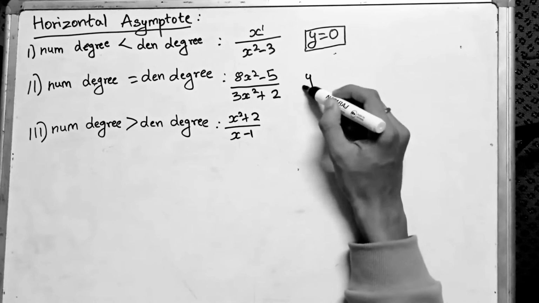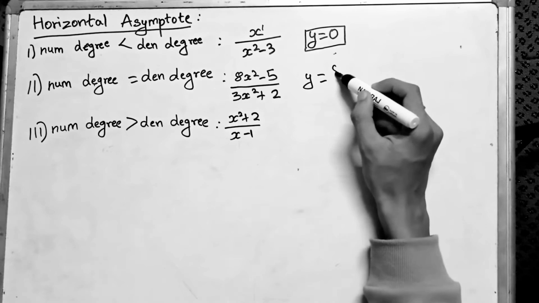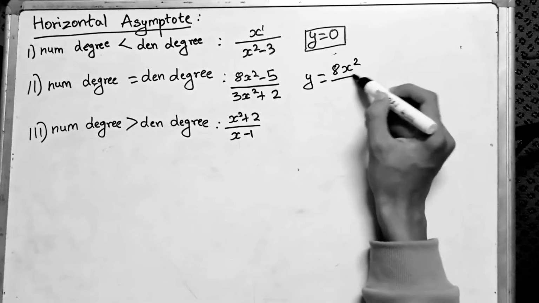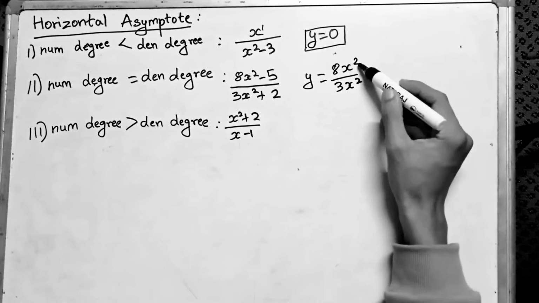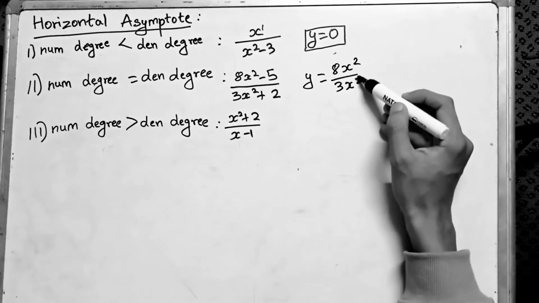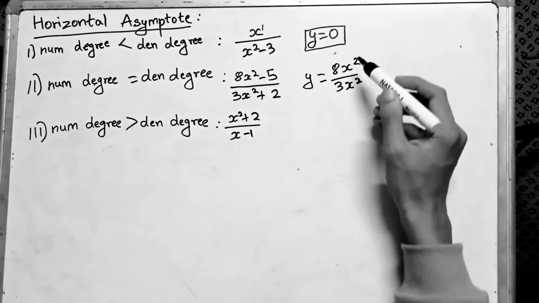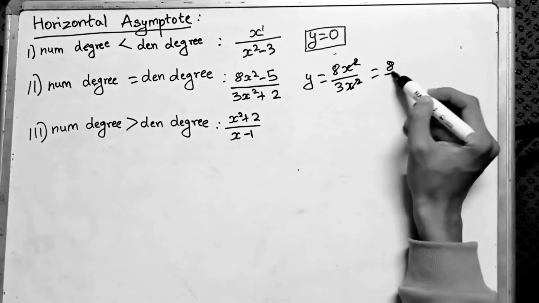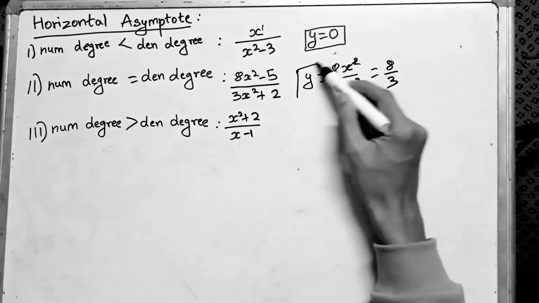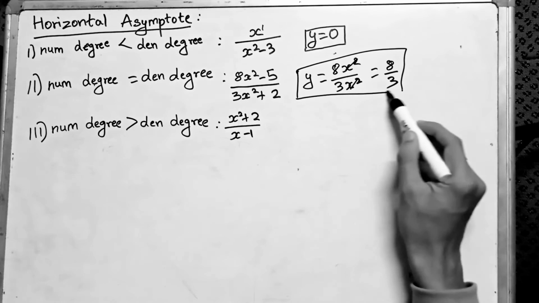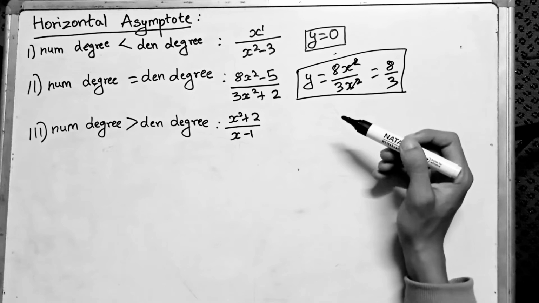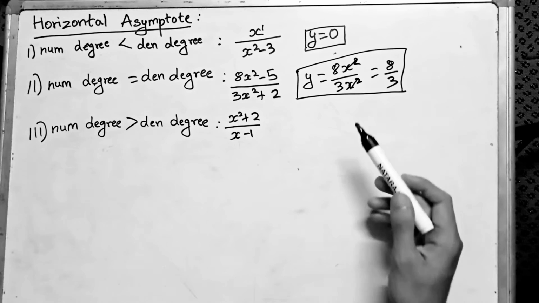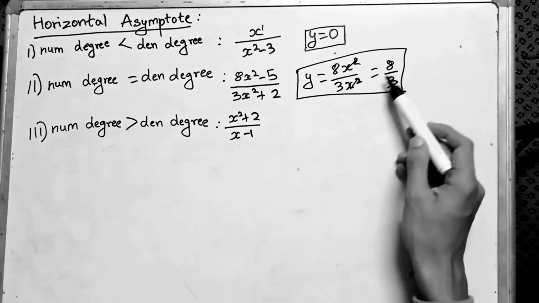So we could simply divide 8x squared by 3x squared, as these are the terms with the maximum power. The x squared and x squared cancel out and we're left with 8 over 3. So this is our horizontal asymptote, y equals 8 over 3.